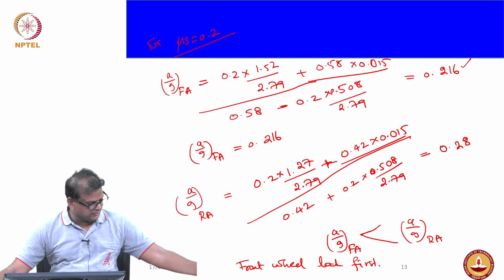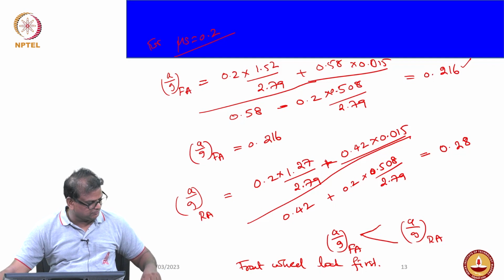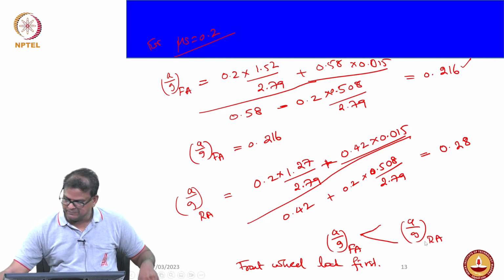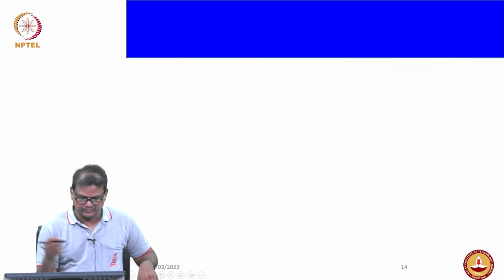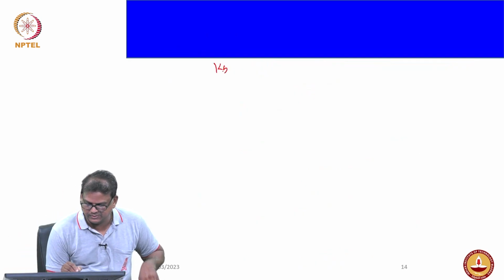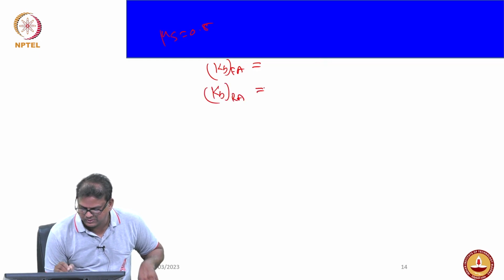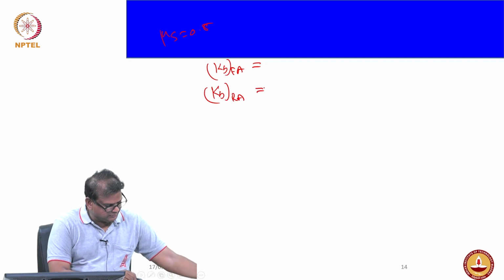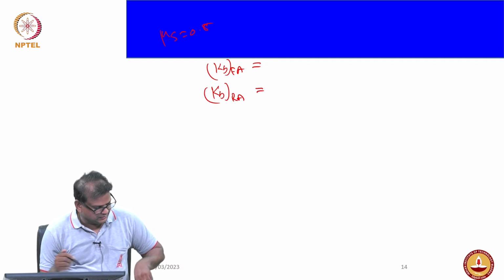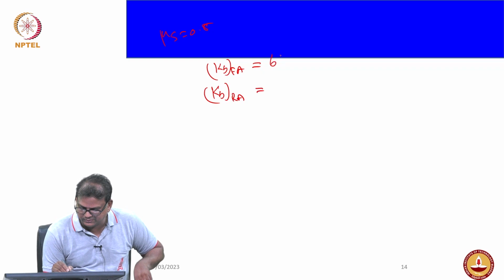Similarly, already we know the ratio also. We found the ratio for mu s equal to 0.8 as 69:31, right? What is the value for mu s equal to 0.8? I think we just now did 69:31.